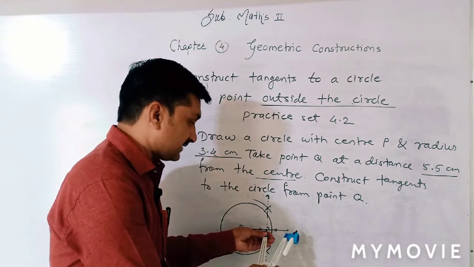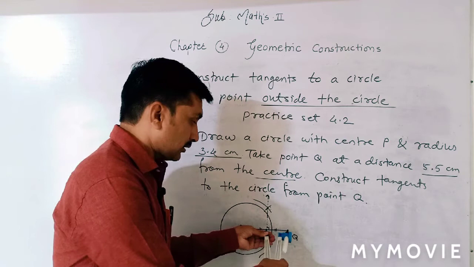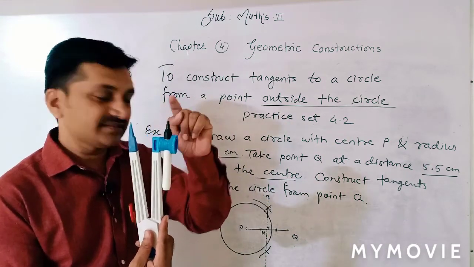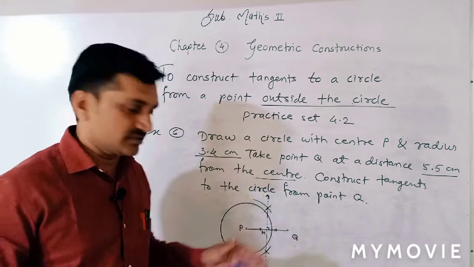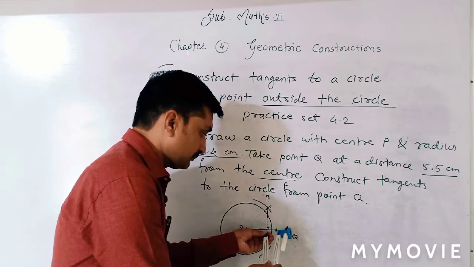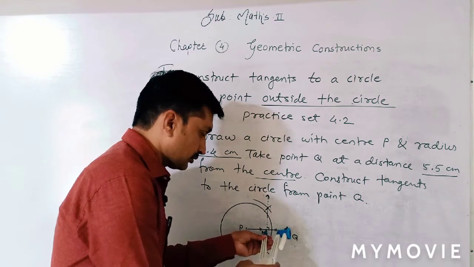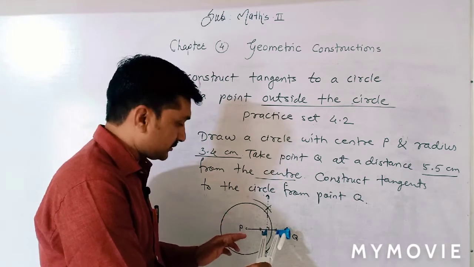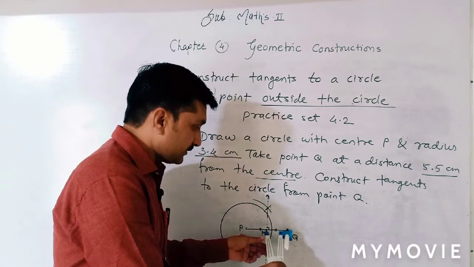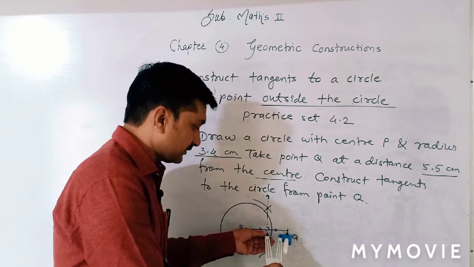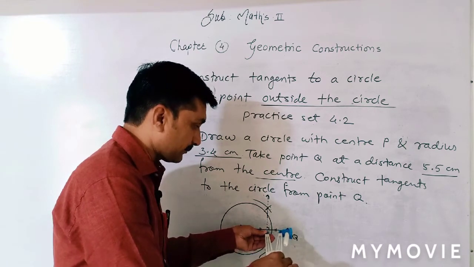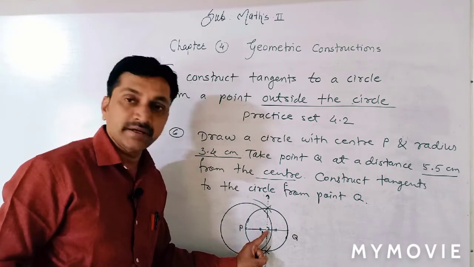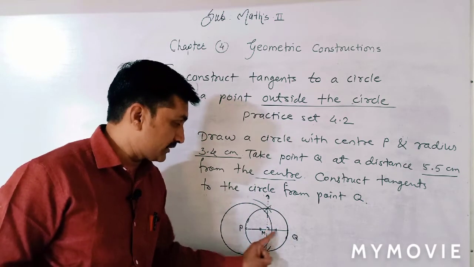Now by taking M as a center, pointed end on the midpoint and pencil tip on Q or P, because it is the same distance, draw another circle, complete the circle by taking M. Another circle is drawn by taking M as the center, MQ radius.